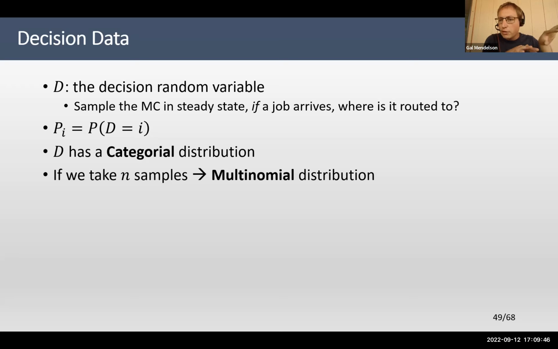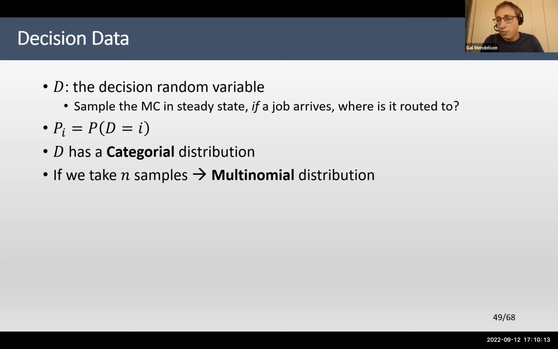There's an underlying Markov chain, which is irreducible and positive recurrent whenever the system is subcritical. We define this random variable as follows: sample the Q lengths, or additional data that you need for your Markov chain, sampling this Markov chain in steady state. If a job arrived, where will it be routed based on that sample? That's the definition of the decision random variable.